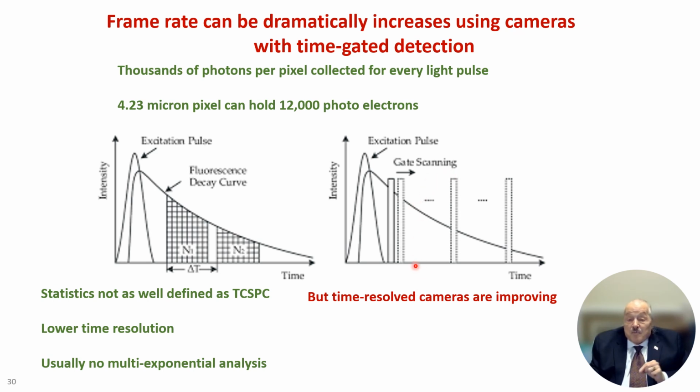It sees some fraction of a nanosecond, and it collects all the light there, and you keep shifting the gate along the decay curve from repeated experiments, and you can collect thousands of photons per pixel this way, because you're not limited to single photon counting. And just like with the phototube, in the steady state, you can see many more photons than you can when you're photon counting. And some people would even take it one step further and just measure 2 time bins to get a rough estimate of the lifetime.